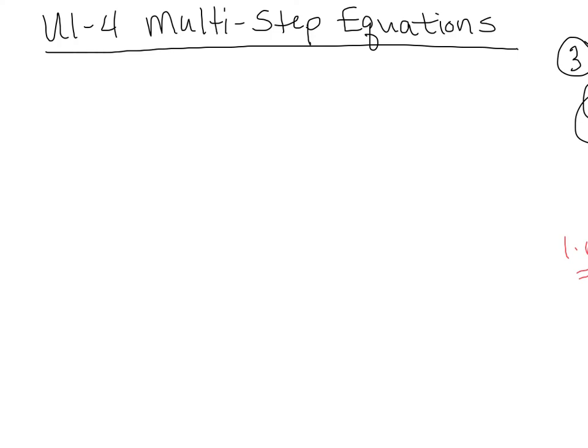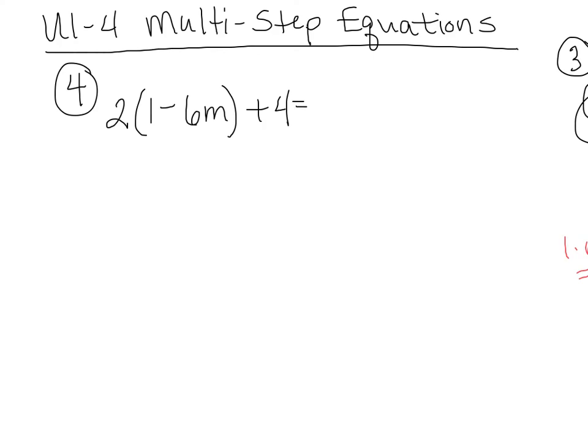I'm going to give you guys one more problem to work out on your own. So here's example 4. It's a little bit longer, so I want you to carefully work through the steps here. So it's 2 parentheses 1 minus 6m, and a plus 4 on the outside of the parentheses, equals negative 5 times m minus 4.